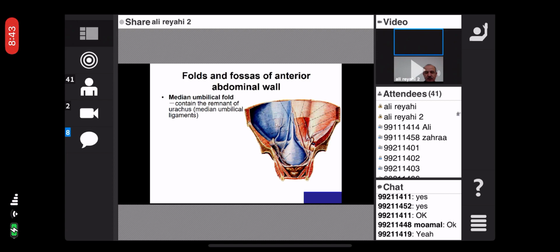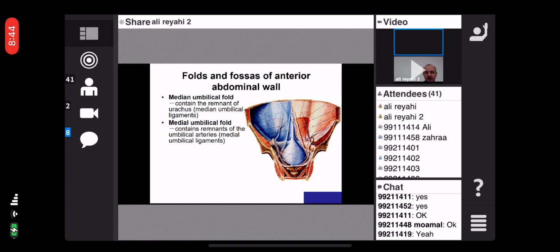All of these folds are called umbilical folds. Attention please, the median umbilical fold is formed when the peritoneum covers the remnant of the urachus.